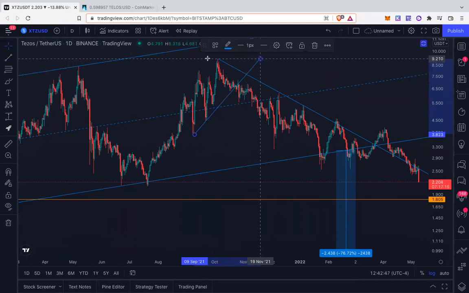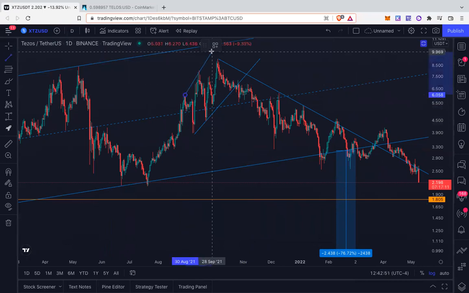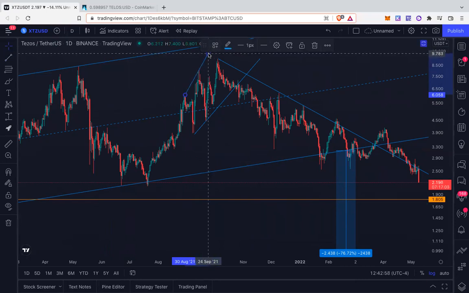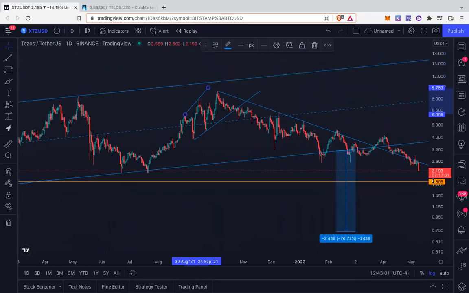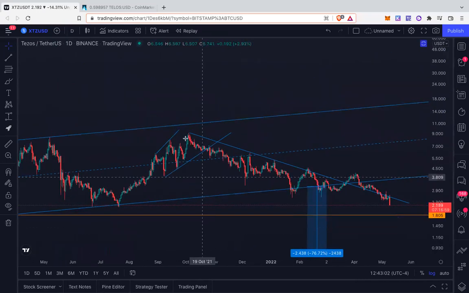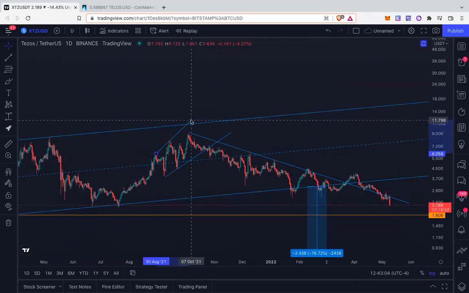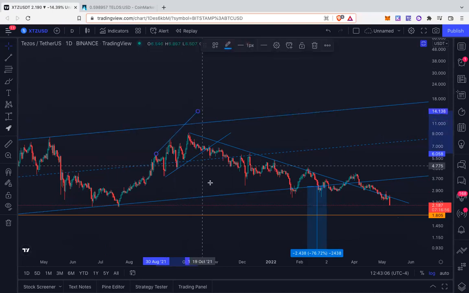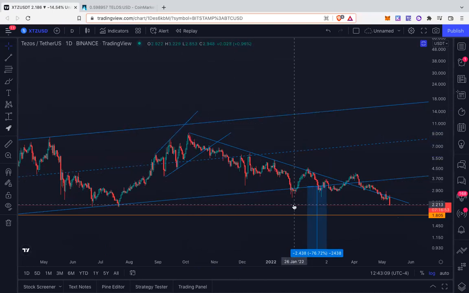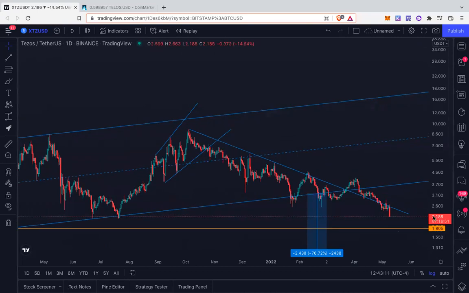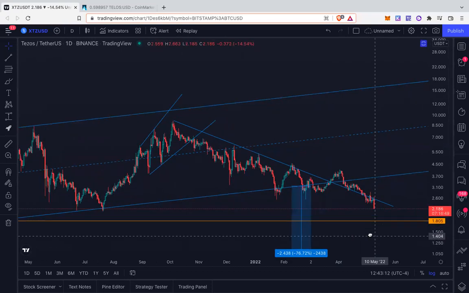When you break these patterns, like a rising wedge or just a channel itself, or an ascending broadening wedge, which is typically a bearish pattern at or near the top of this channel, and you broke down, now you're seeing results months later.